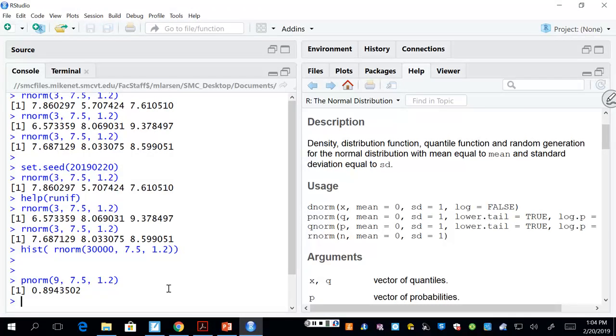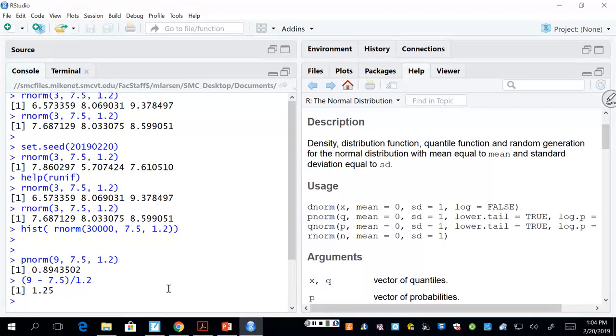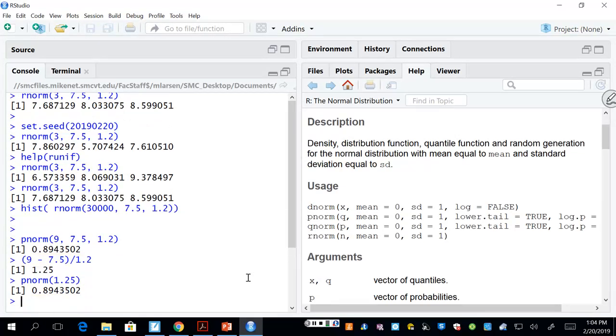We can do that if we calculate the z-score: 9 minus 7.5 over 1.2, that's a z-score of 1.25. If we do pnorm with just 1.25, it uses the defaults of 0 and 1 for the mean and standard deviation. So 1.25 gives you exactly the same answer as if you had told it the mean and standard deviation.